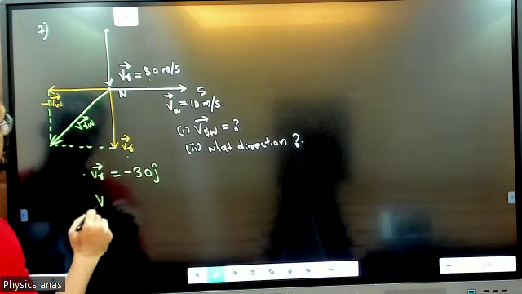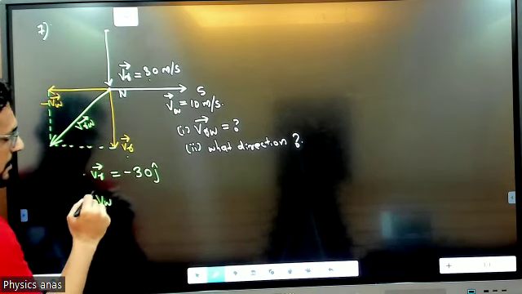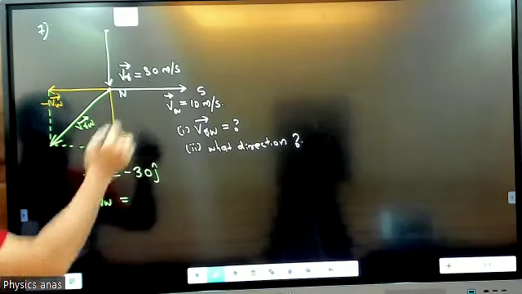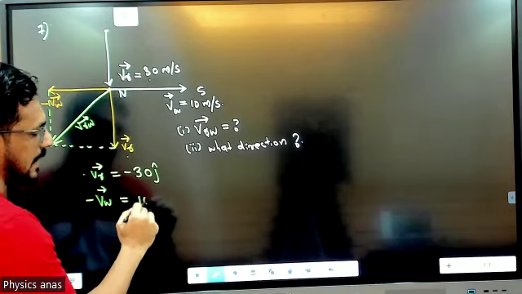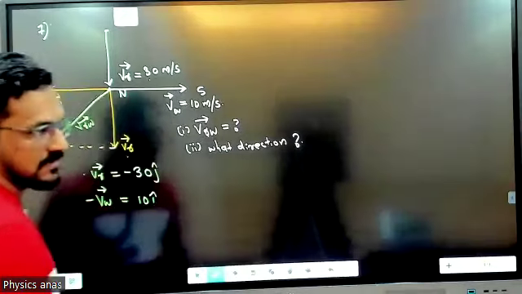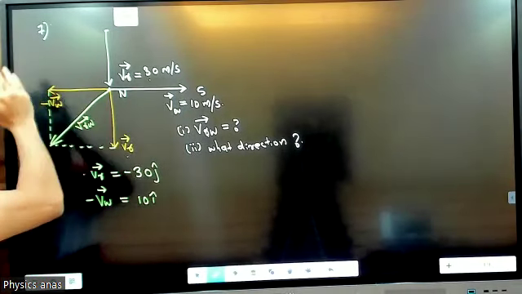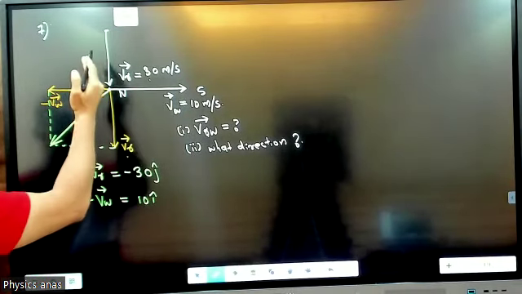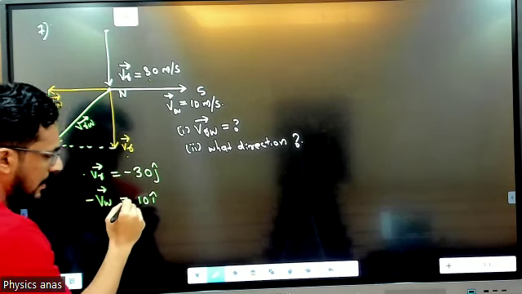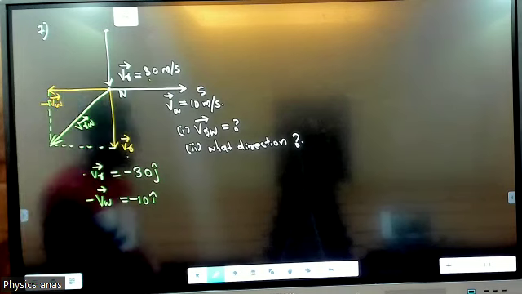Now, what is the velocity vector of woman? The velocity vector of woman is 10 i cap. It is in the positive x direction, but I am taking it in the opposite direction, so I can give the negative here.